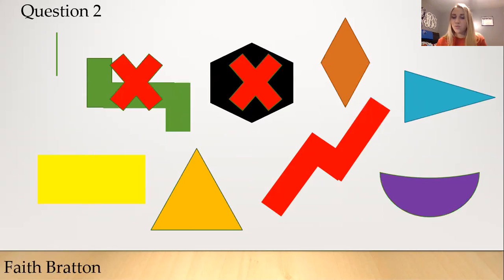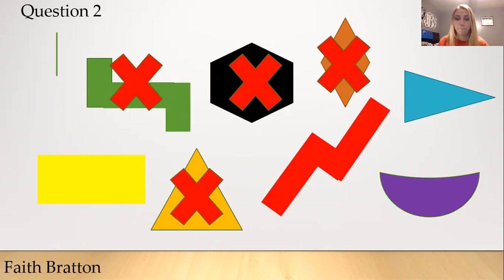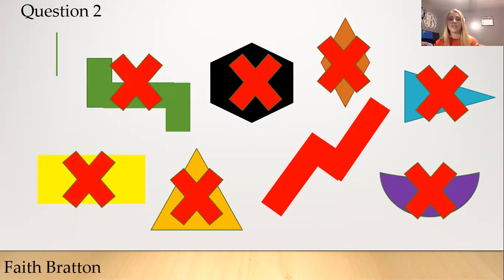The rhombus has 2 lines of symmetry and also rotational symmetry, but it's only asking for one line of symmetry, so that's not it either. The rectangle has more than one line of symmetry and rotational symmetry. The semicircle has one line of symmetry, but no rotational symmetry, and so does the red figure.